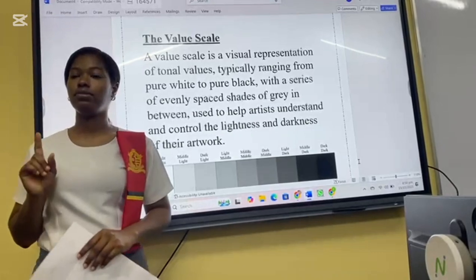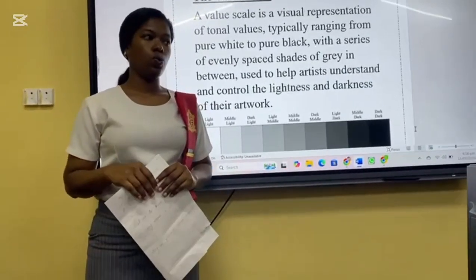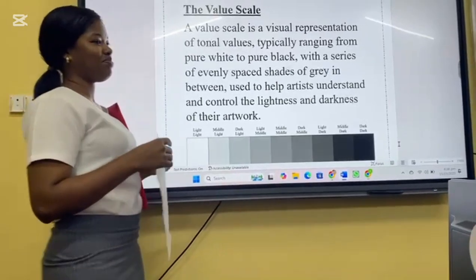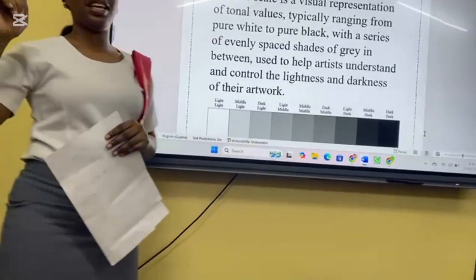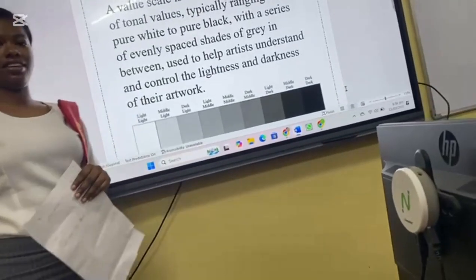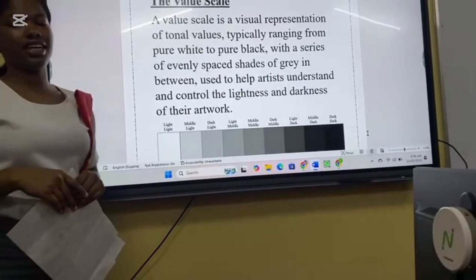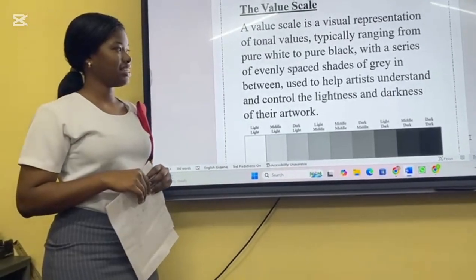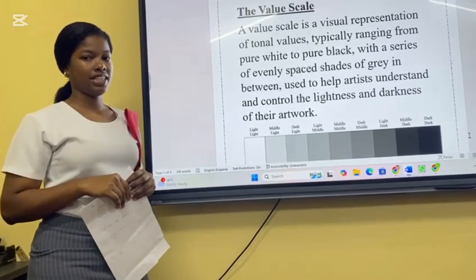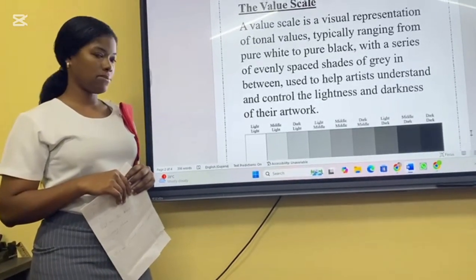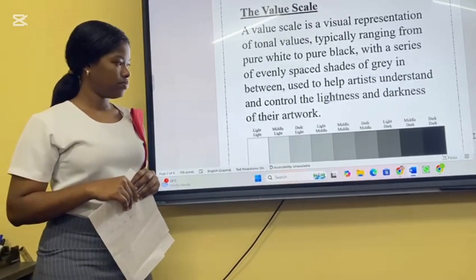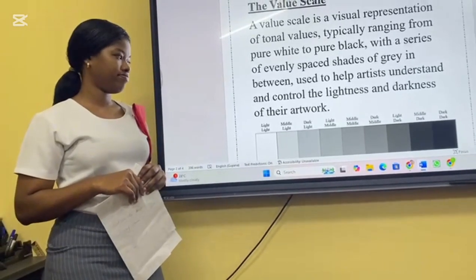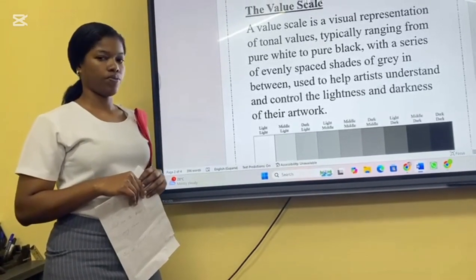Let me have one more student tell me what the value scale is. Anyone? Alright, yes, Alia. Miss, the value scale is basically a scale that has different values on it, which would be light being the first one, dark being the last, and it has middle values, which includes dark light and other values.